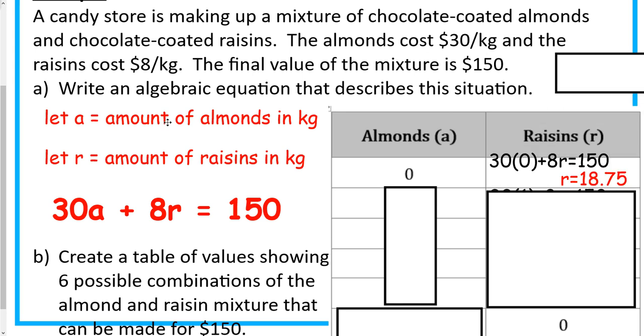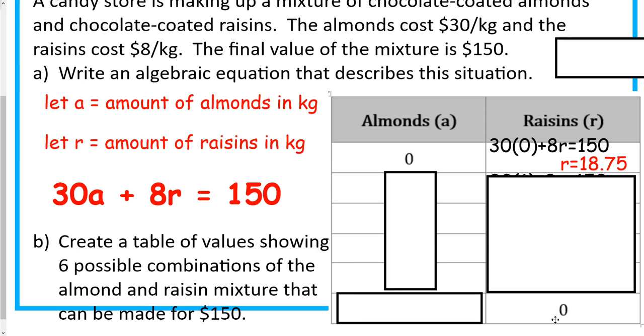Okay, so I took my equation and replaced the A with 0. So all we're left with is 8R equals 150, and then divide both sides by 8 to give you the amount for R. So if we don't spend any money on almonds, if we just purchase raisins, then we can buy 18.75 kilograms of raisins.